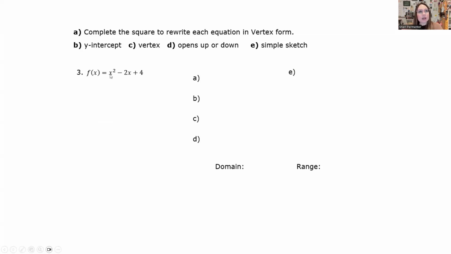So here is my standard form. Let me label A, B, and C. My first step, I got to set it equal to 0, and I have to move over that constant. So I'm going to have to subtract 4.